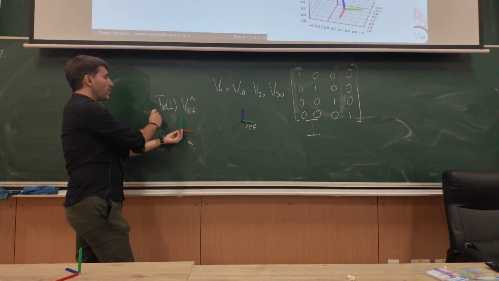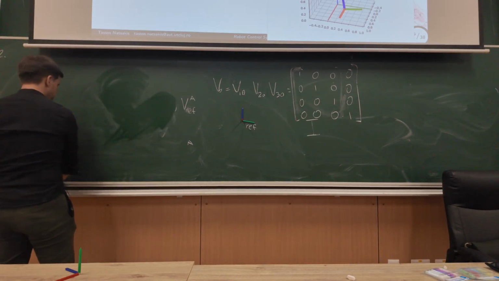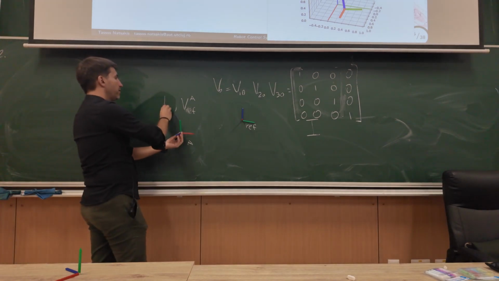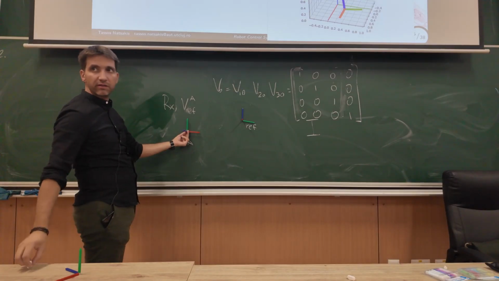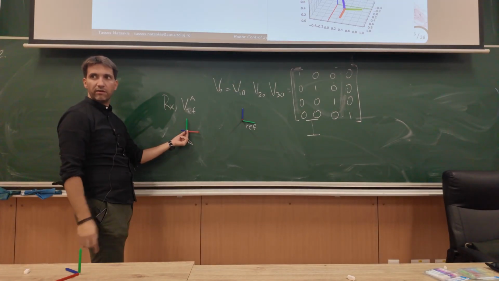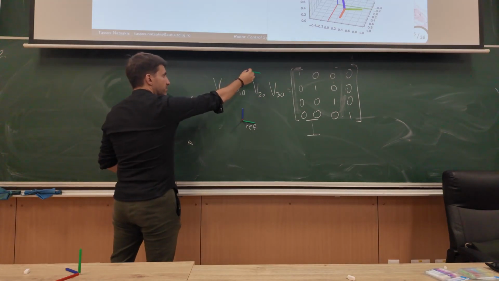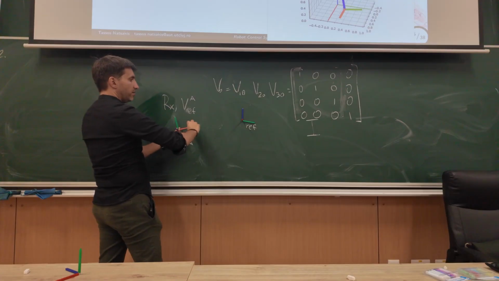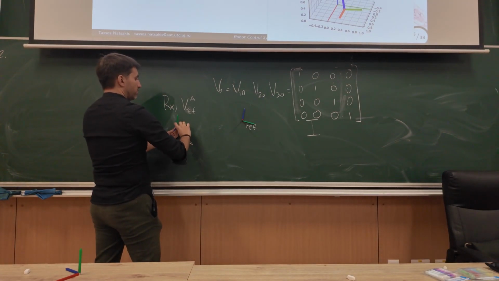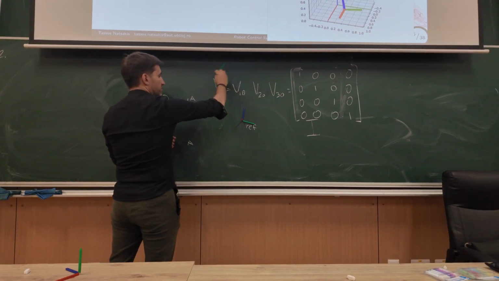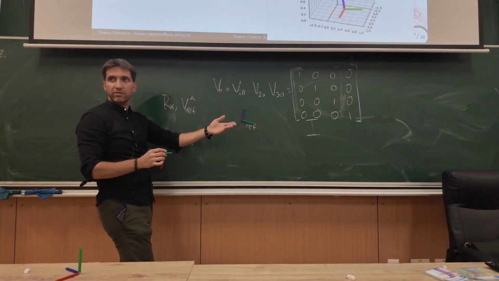Good. What about rotations? If I rotate around X, what will I do? I will rotate around the reference X, because I multiply from the left. So I will do something like this. It's as if I have a rope connected to the origin here, and then doing this movement. This is my axis of rotation.